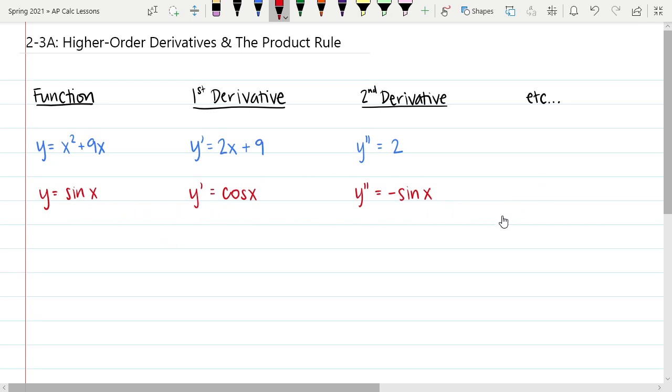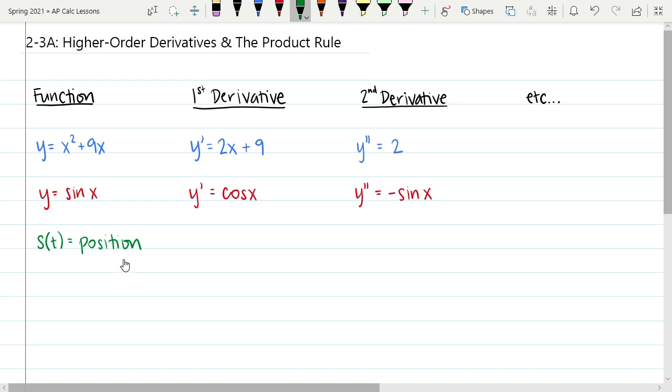Okay, now there's one more higher order derivative that's going to be an important application for us to consider moving forward. If we have a situation where we're dealing with a function, let's say it's maybe s of t, and that represents the position function. Maybe it represents the height of an object off of the ground at time t equals whatever seconds.